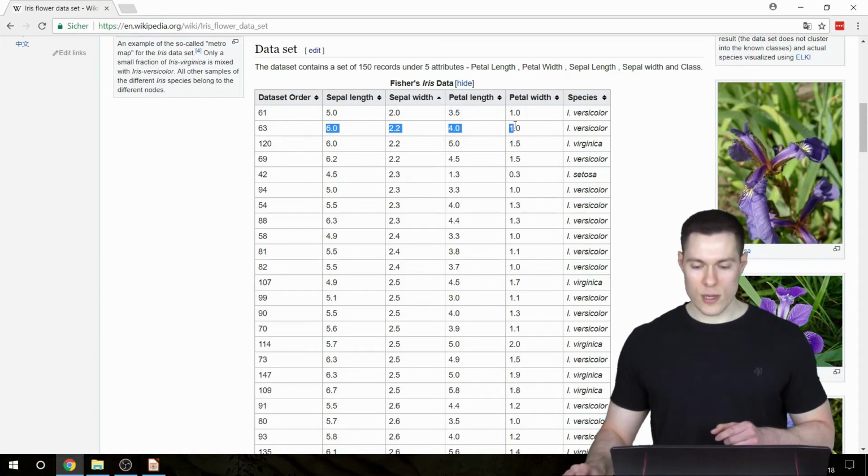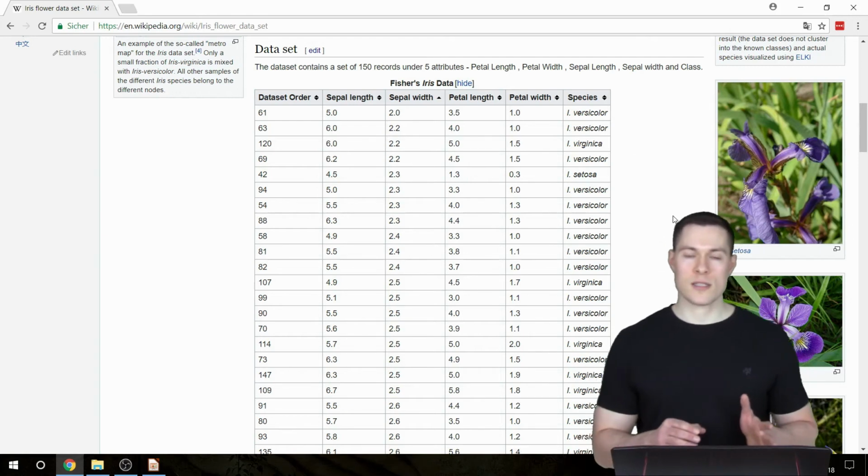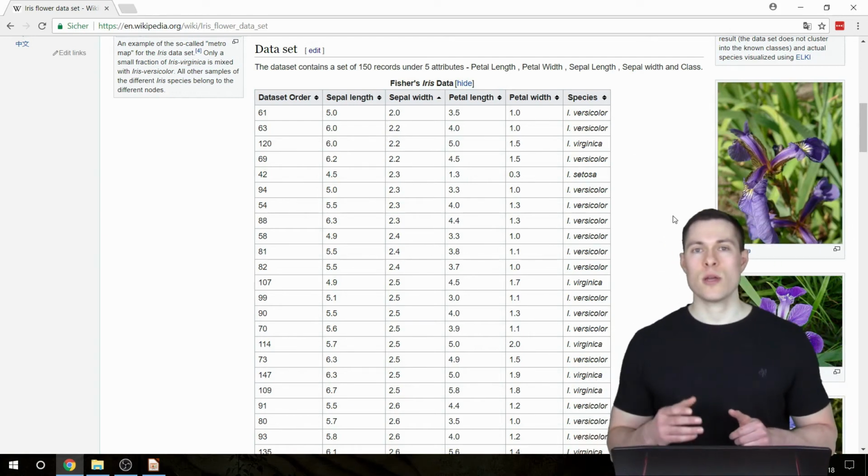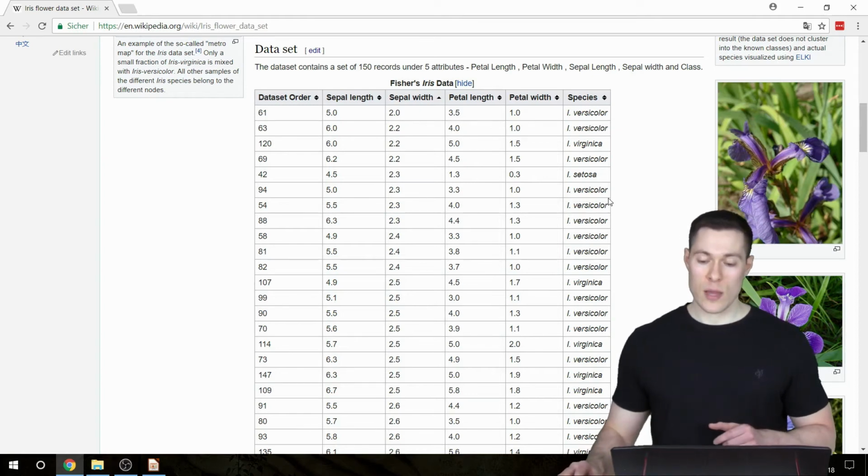A flower with those values, that's also an iris versicolor. And a flower with such values, that's an iris virginica. And you do that for all the examples that you have, and that way the algorithm will learn to detect patterns in this data. And once it is trained, it will be able to predict what species a particular flower is, solely by looking at its sepal length and width and petal length and width.